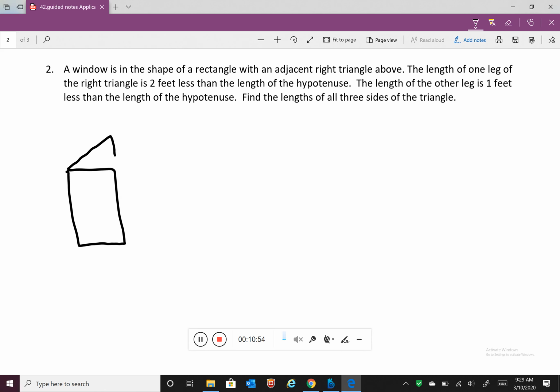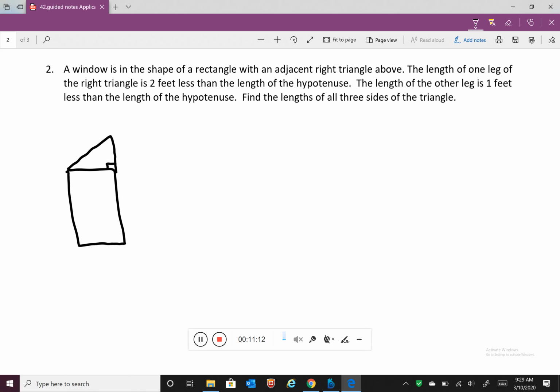So that's the shape of this window. Okay, so the information we're given about this is the length of one leg of the right triangle is 2 feet less than the length of the hypotenuse.